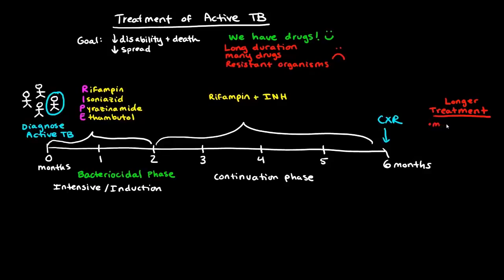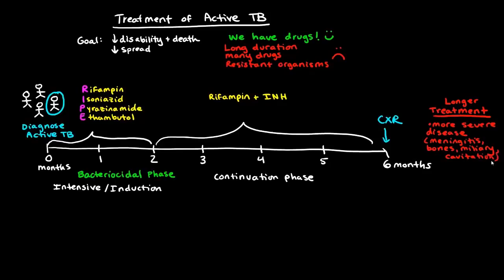So, for example, TB meningitis, you would typically treat longer. TB infection of the bones and joints, you would typically treat longer. So-called miliary TB, you would treat longer. And even pulmonary TB, where there's a big cavity in the lung, often will be treated longer.